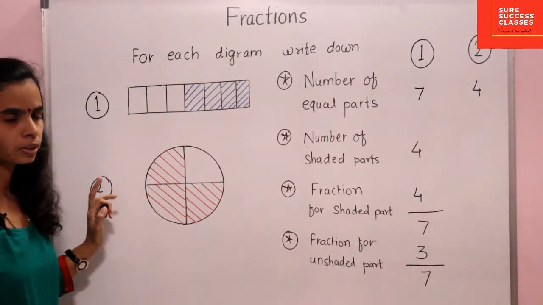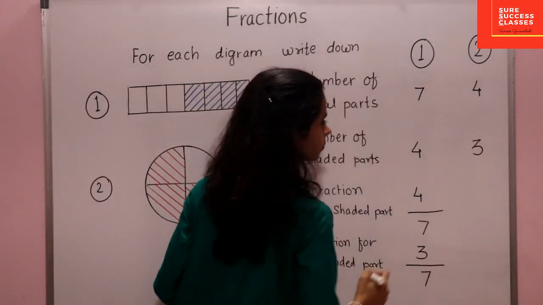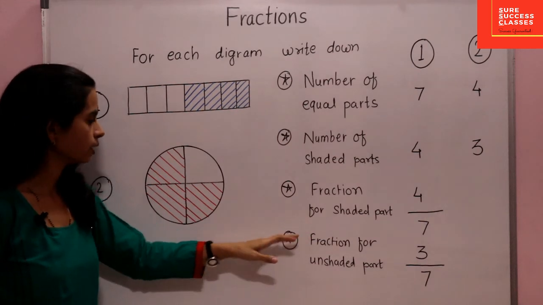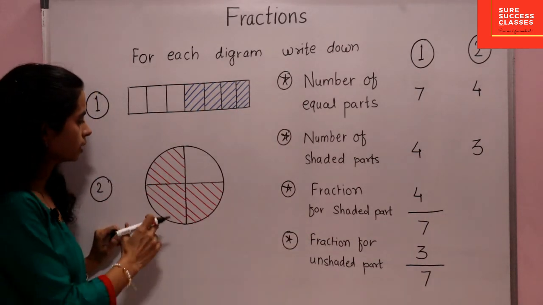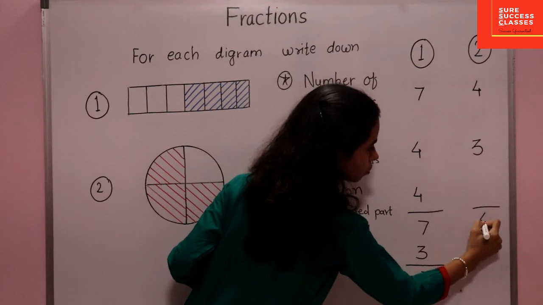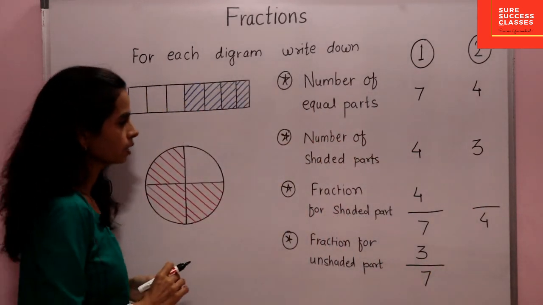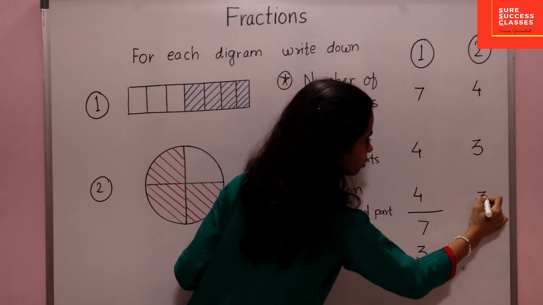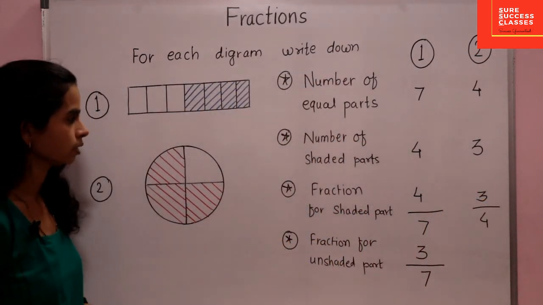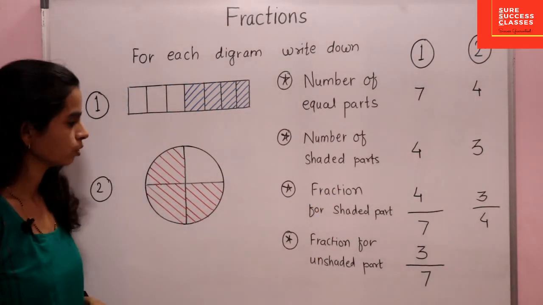Then fraction for shaded part means out of total parts. Total parts are 4 and out of those, 3 parts are shaded. So we write 3 as numerator and 4 as denominator. So the fraction for shaded part is 3 by 4.